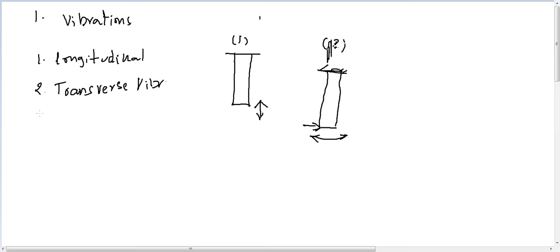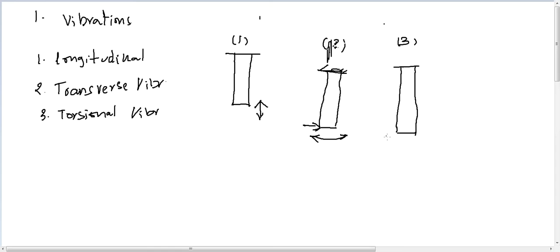And the third one is the torsional vibrations. Torsional vibrations means, let us say one bar is there like this, the similar kind of bar. This could be either rectangular cross section or circular cross section, anything is irrelevant.